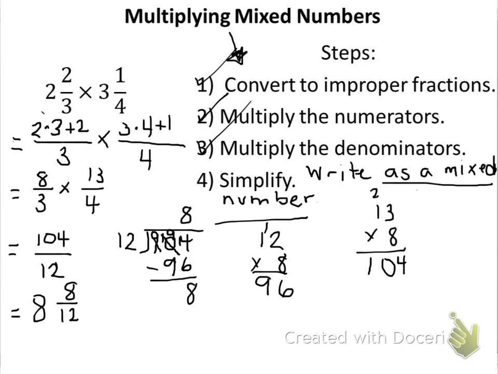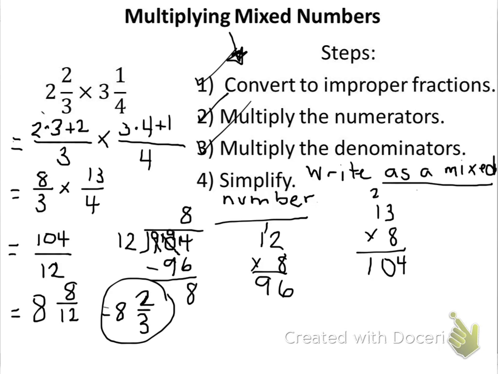Now I need to simplify these. My whole number stays the same, but the greatest common factor of 8 and 12 is 4. So I'm going to divide the 8 by 4 and get 2, and divide the 12 by 4 and get 3. So the answer to this problem is 8 2/3.